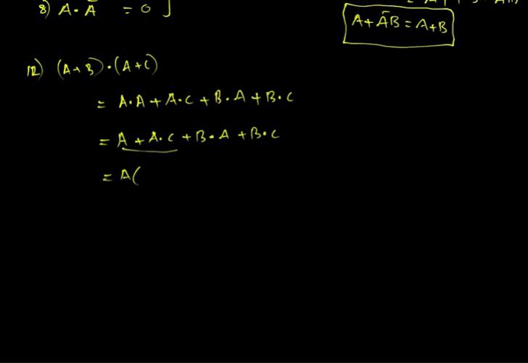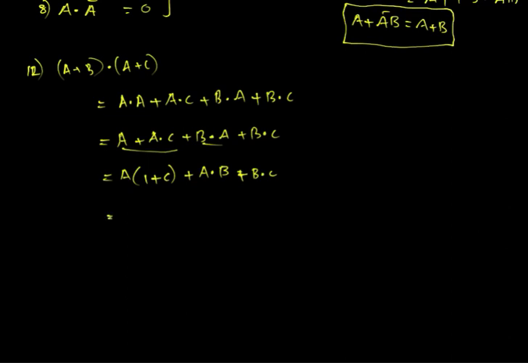From these two terms I can take a outside, so what remains is a and 1 or c, plus, rearranging using the commutative relation, a and b plus b and c.